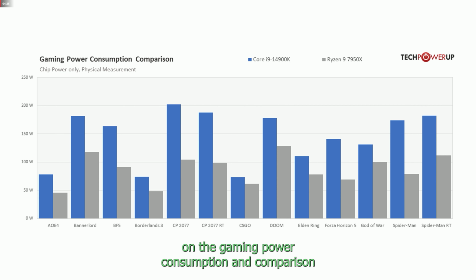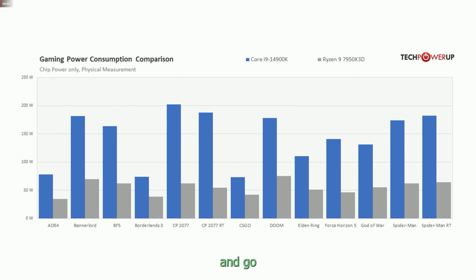On the gaming power consumption comparison, the AMD Ryzen 9 7950X3D gets a better result also. Let's go to the next picture.